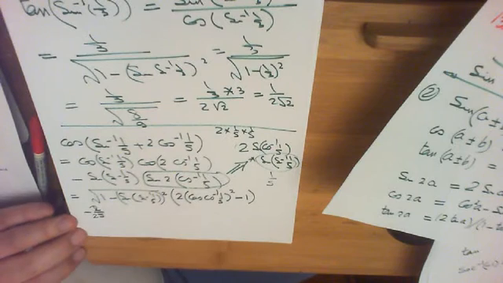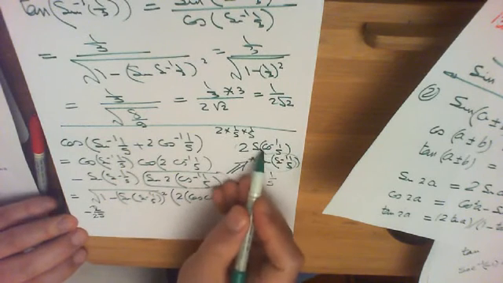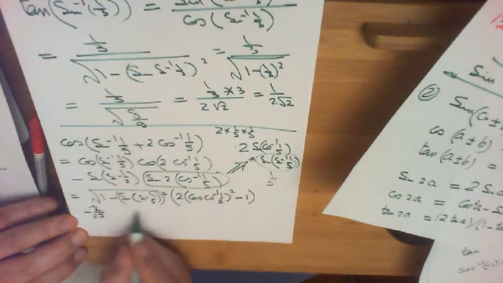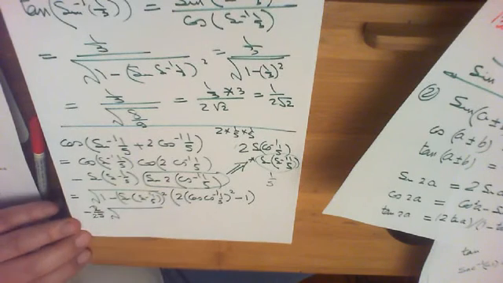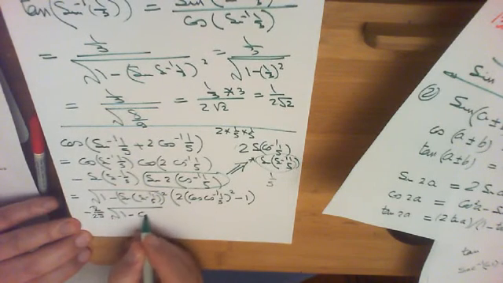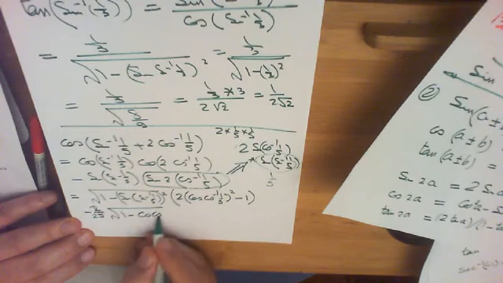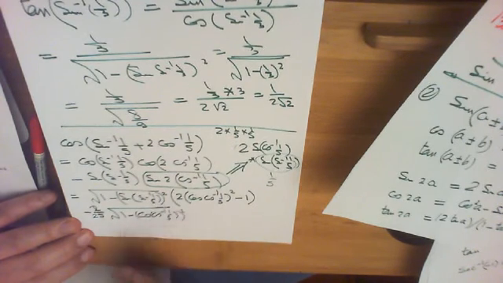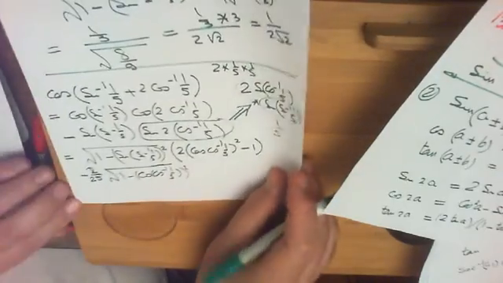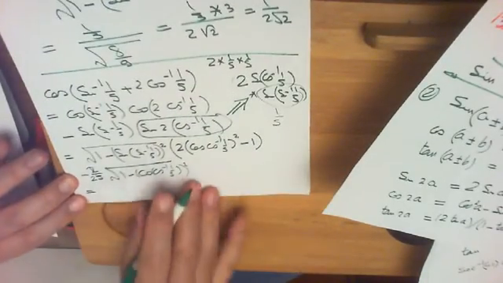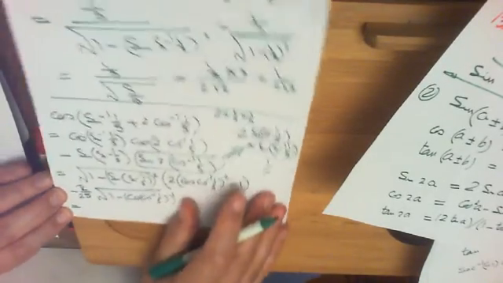Now for this one, sine of cosine minus 1, which is the square root of 1 minus cosine of cosine minus 1 of 1/5 all squared. So this one will be 1/5 all squared.